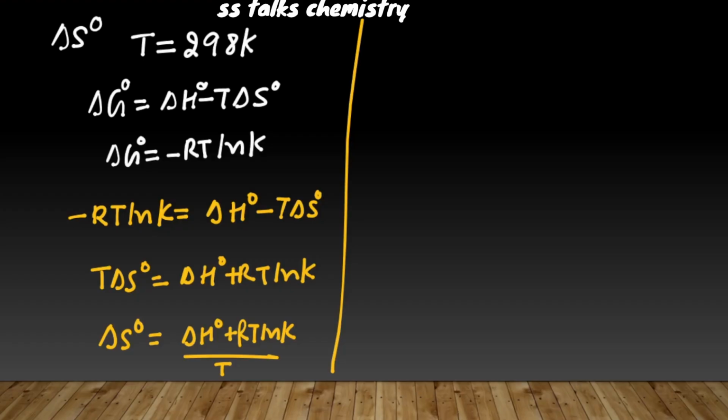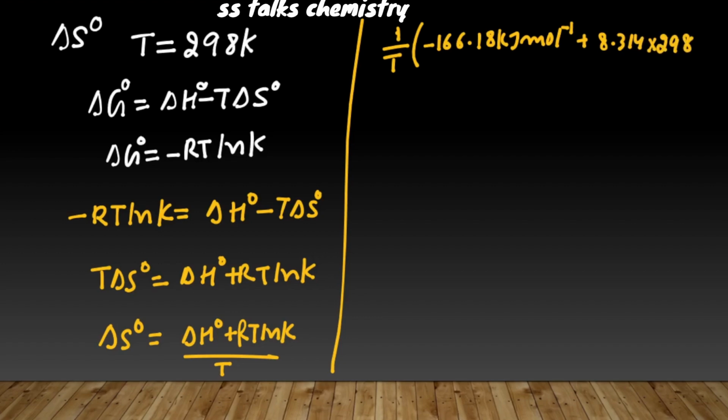So it will become 1 by T into minus 166.18, this is in the units of kilojoules per mole we have calculated, plus 8.314 joule per mole per Kelvin into the temperature, keep it as 298 Kelvin. So it becomes in the units of joule per mole.